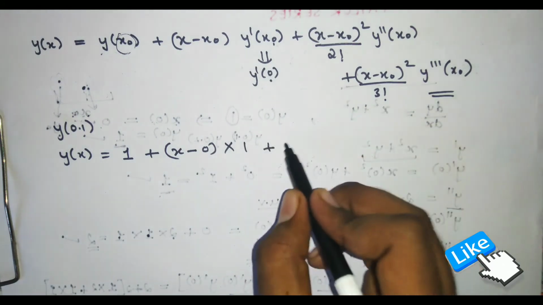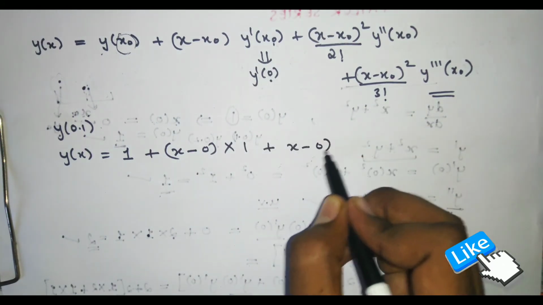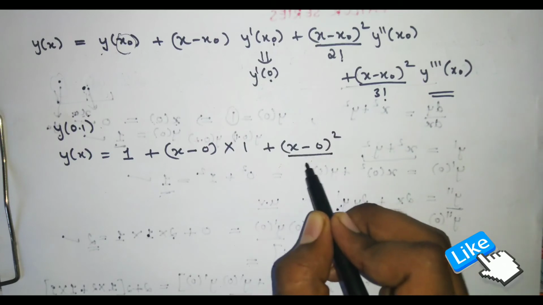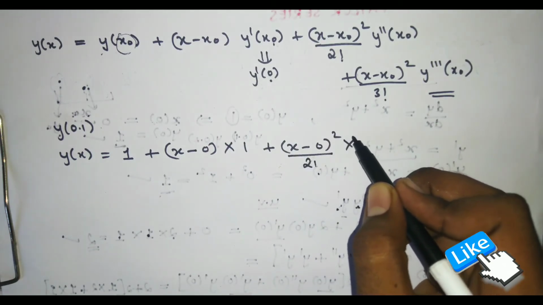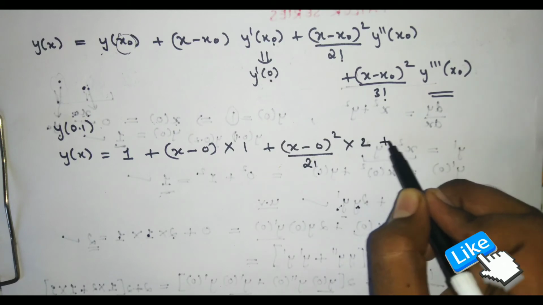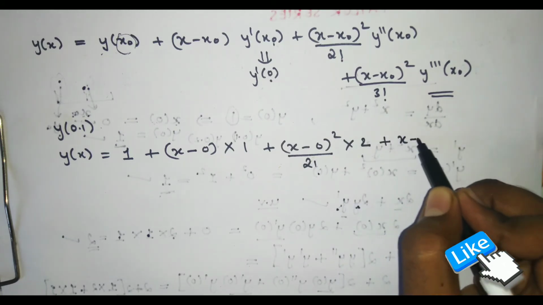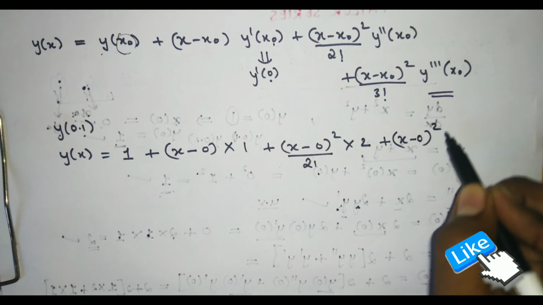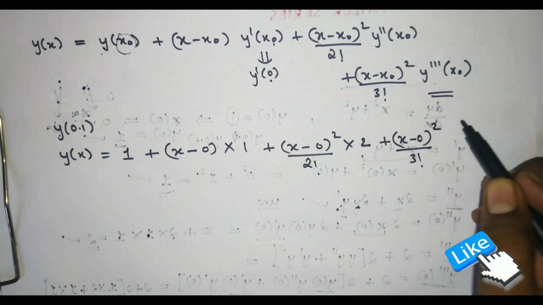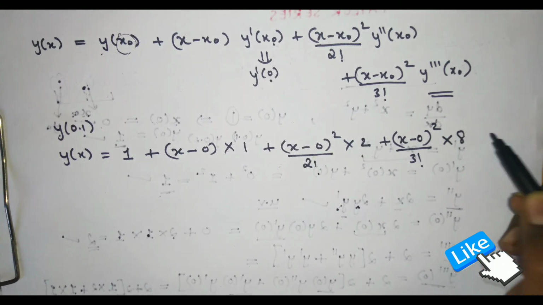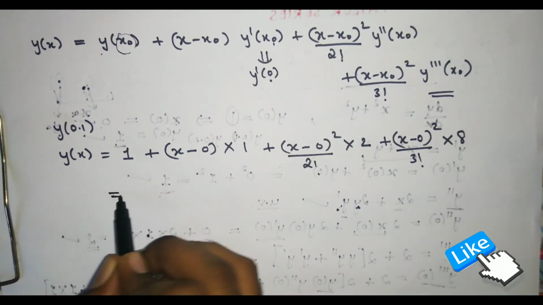Plus (x minus 0) whole square by 2 factorial into y double dash of 0, that is 2, plus (x minus 0) whole cube by 3 factorial into y triple dash of 0. What is the y triple dash value? 8. Okay, so I'll simplify.